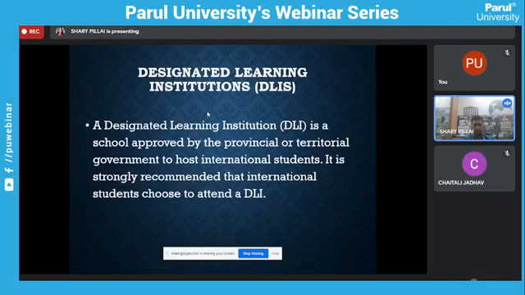You must confirm this before getting admission in any college. Ask them to provide their DLI number, and then take your decision whether to get admitted or not. So this is the DLI criteria, Designated Learning Institute.